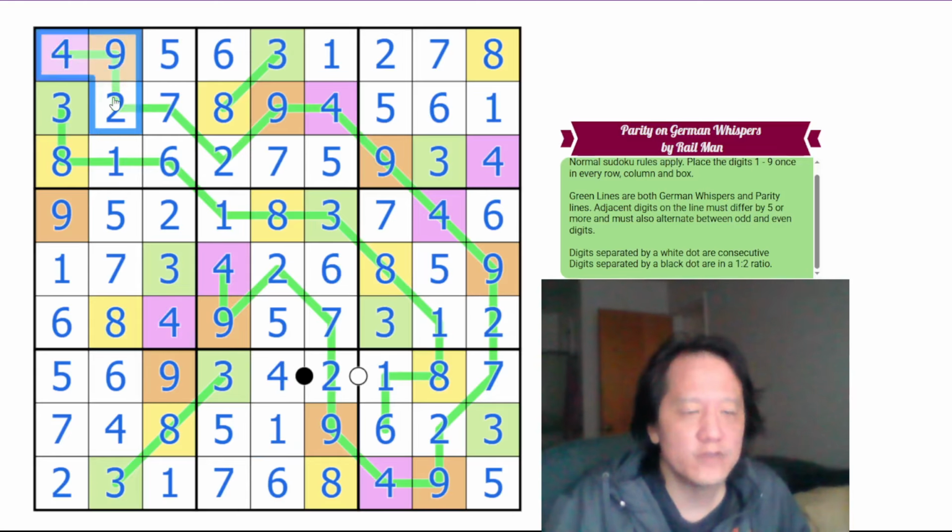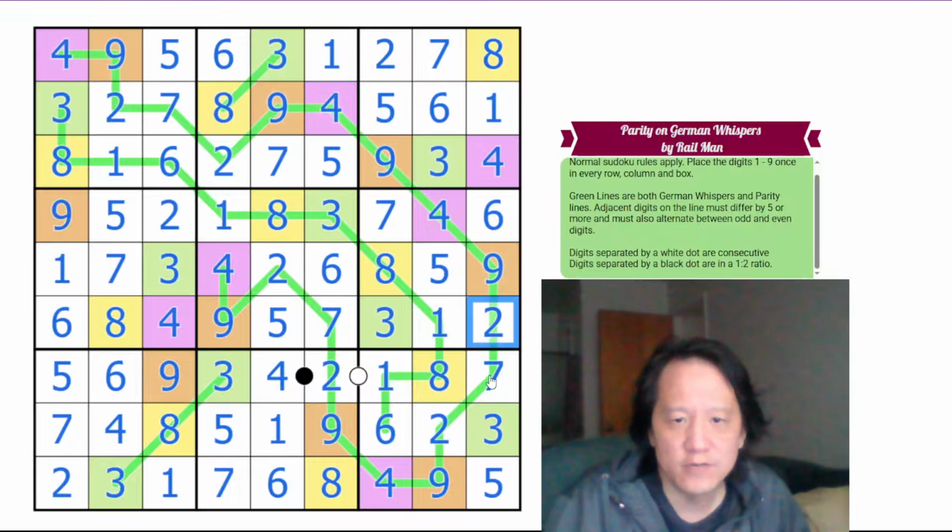This odd obviously alternates parity. Even, odd, even, odd, and so on, and they have a difference of 5 every time. 4, 9, 2, 7, 2, 9, 4, 9, 4, 9, 2, 7, 2, 9, 4, 9, 2, 7, 2, 9, 4.